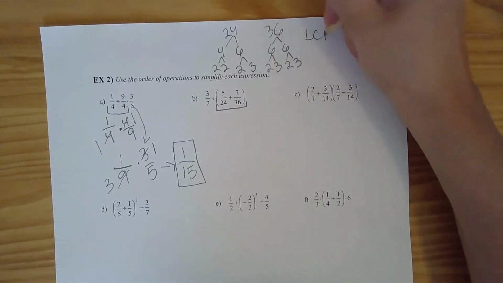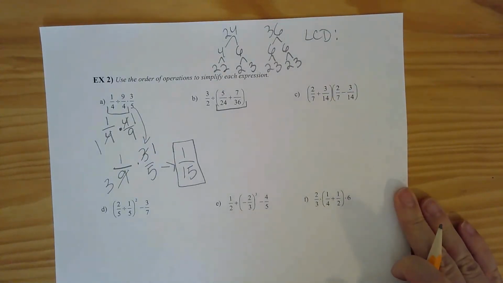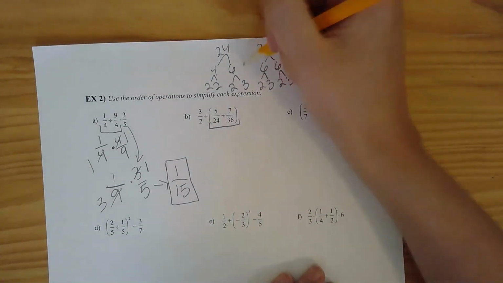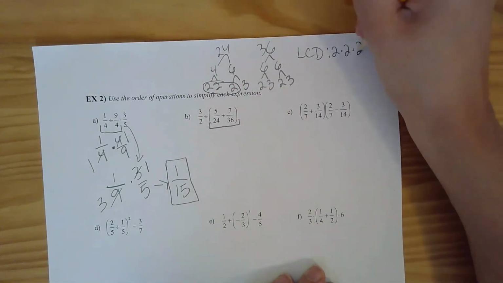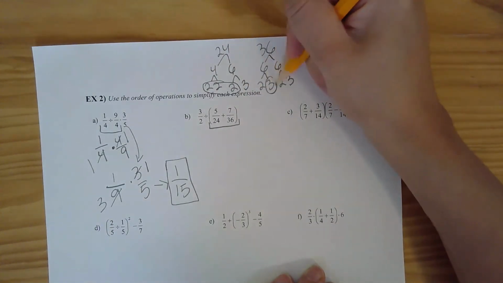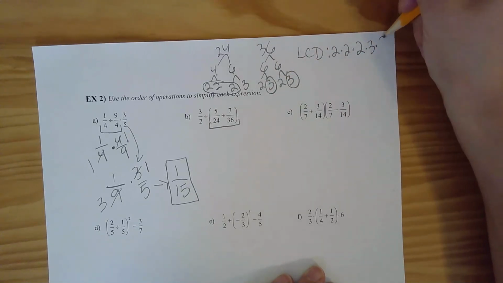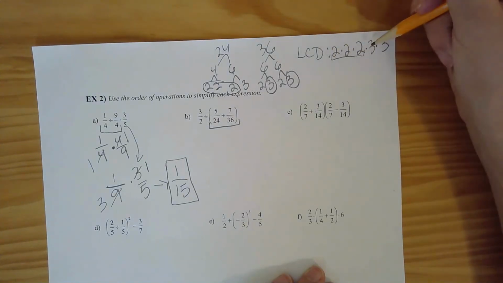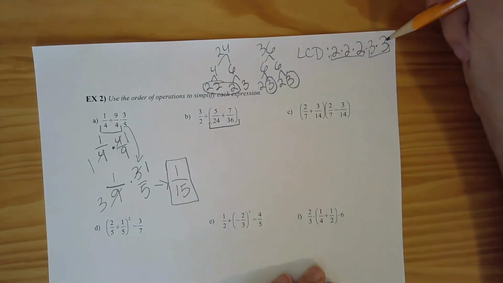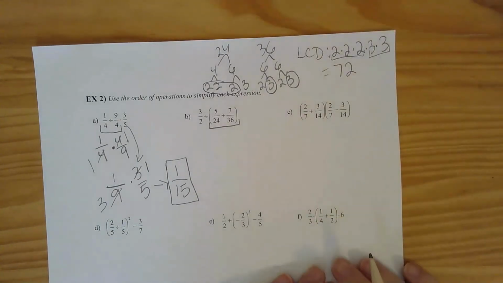For my least common denominator, I really have a lot of 2's and 3's, so who has the most? 24 has the most 2's, I need 3 2's. 36 has the most 3's, it has 2 of them, so I need 2 3's. So I'm looking at 2 times 2 times 2, which would be 8, and 3 times 3, which would be 9. 8 times 9 would be 72 for my LCD on that one.